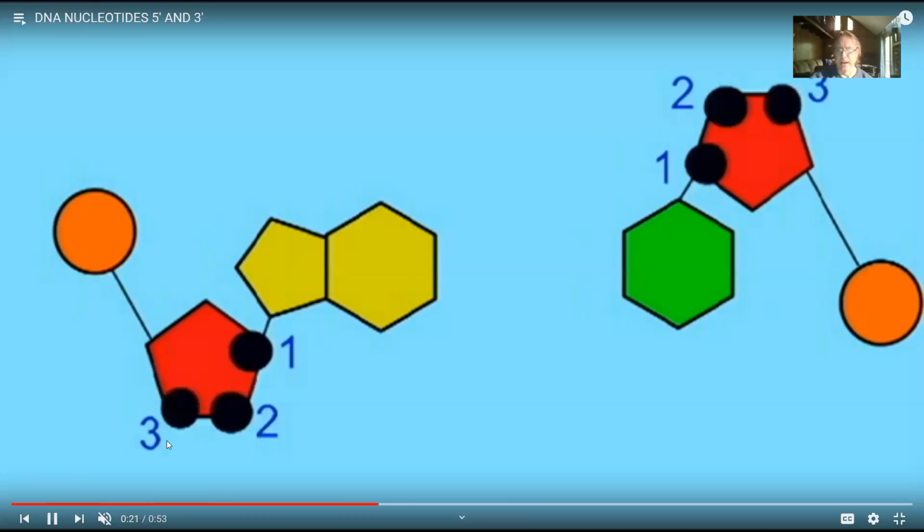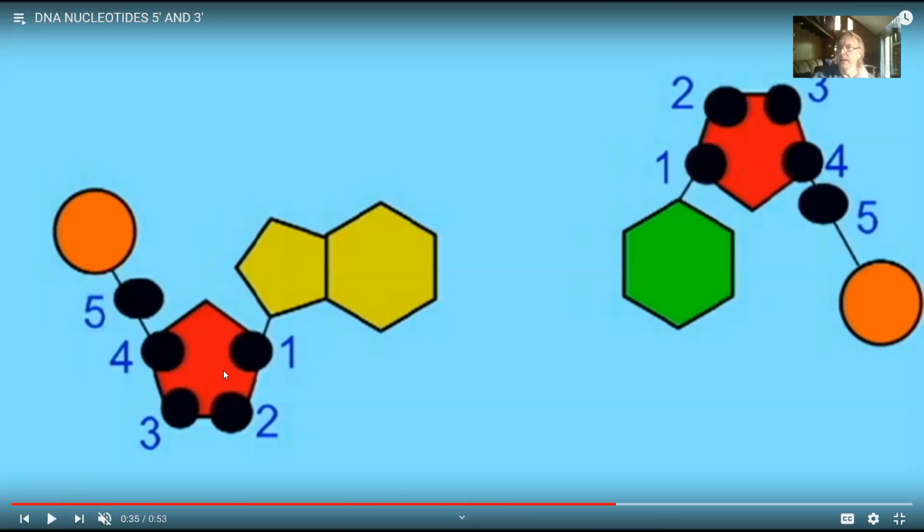That's pointing downwards to where the next nucleotide's phosphate group will attach. Here it would then be the number 4, and then partway on this chain would be the number 5. So as such, we can indicate this nucleotide's direction. We could say here's the 5' end up top, here's the 3' end on the bottom.